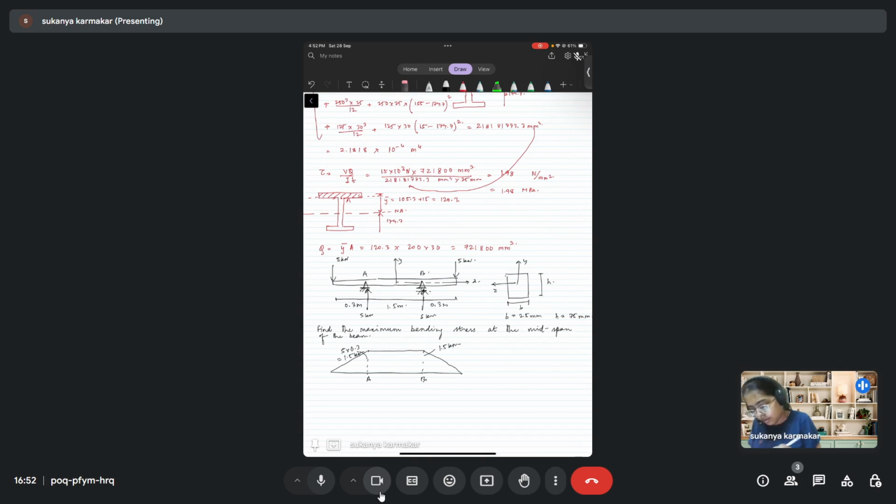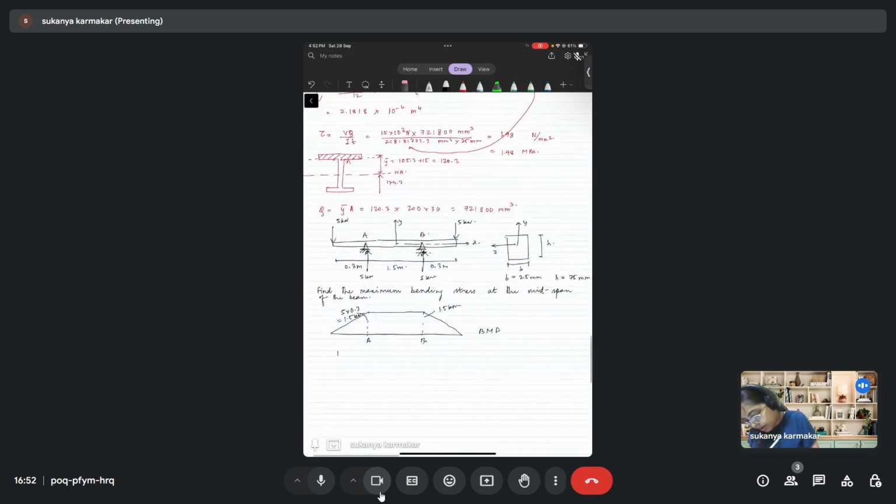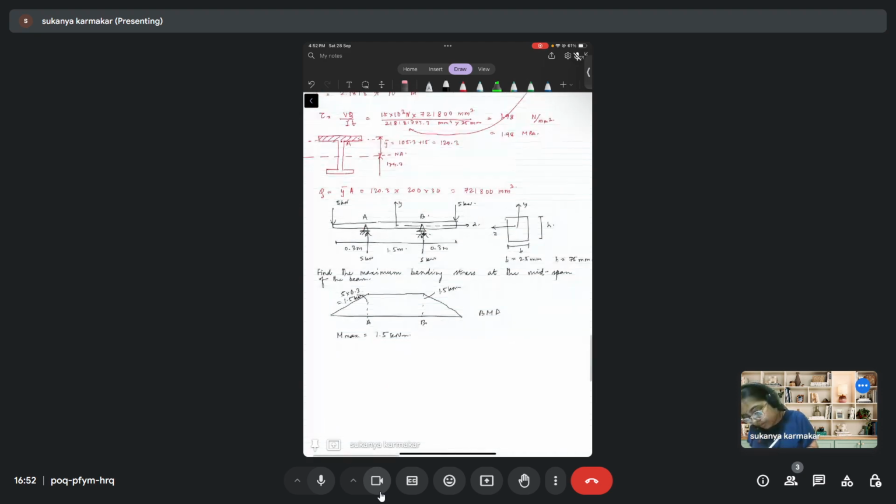And you have a constant bending moment inside. So this is the bending moment diagram. The maximum bending moment is 1.5 kilonewton meter.